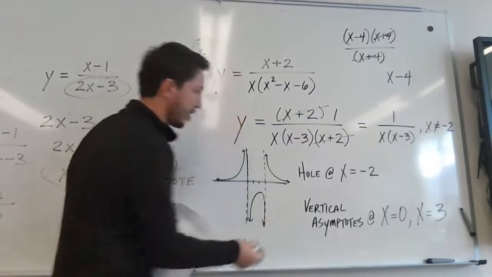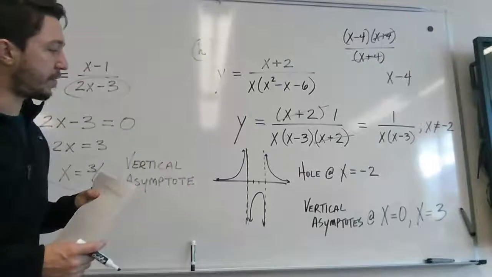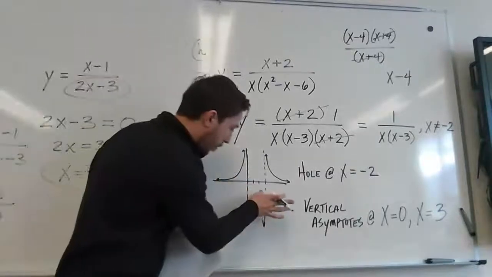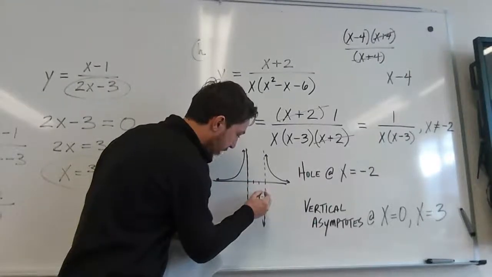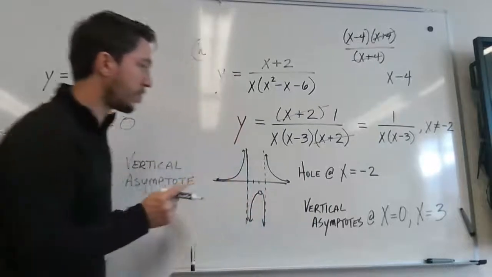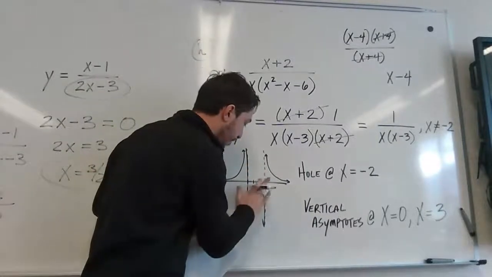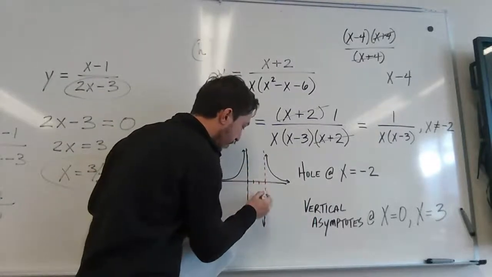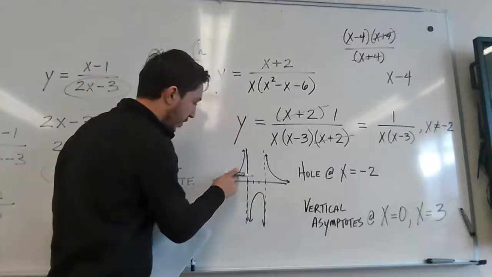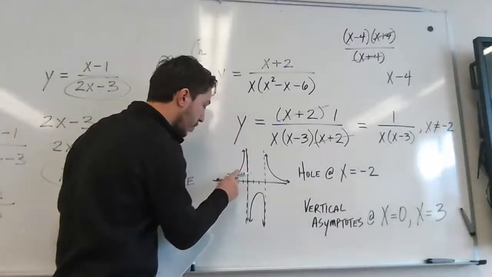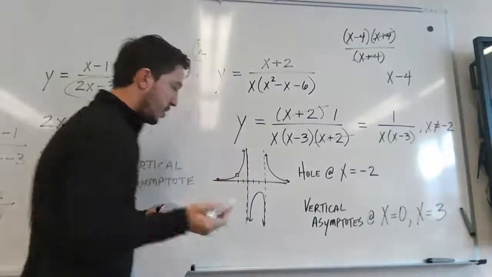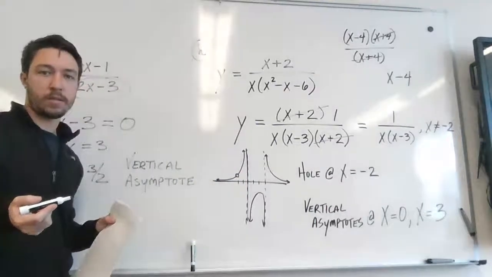So if x is between 0 and 3, it would be negative, but there'd be a hole when x is -2. Oh, sorry, I misread it, my bad. Hold on, -2, sorry about that. So it would be over here. Wonderful. Does that make sense?